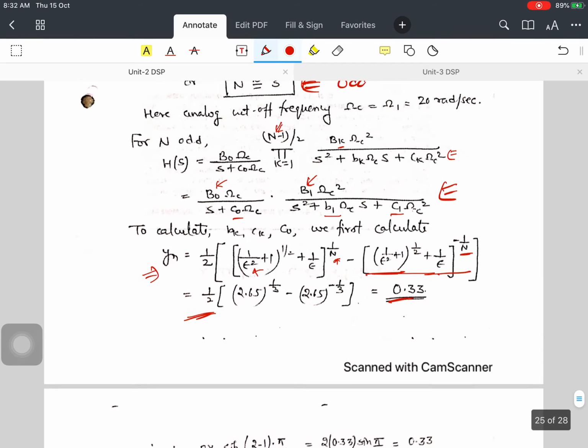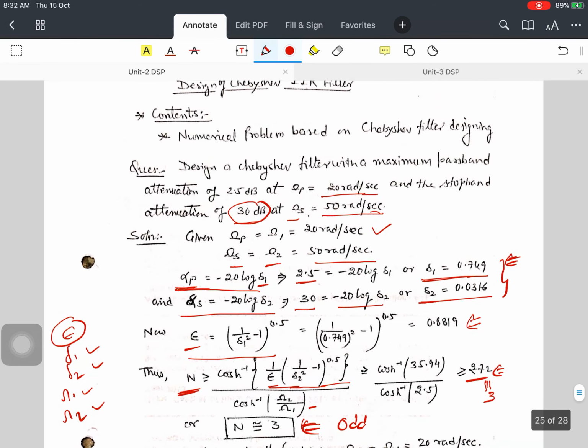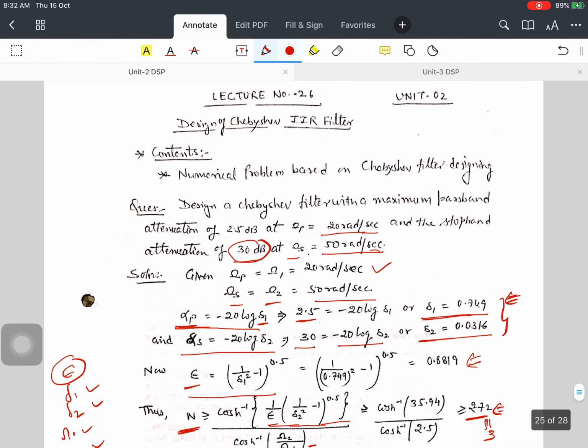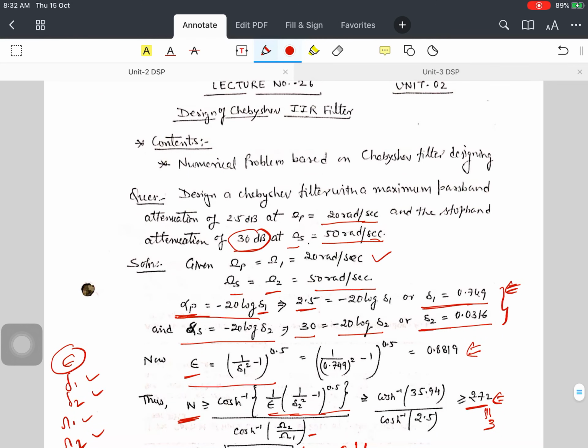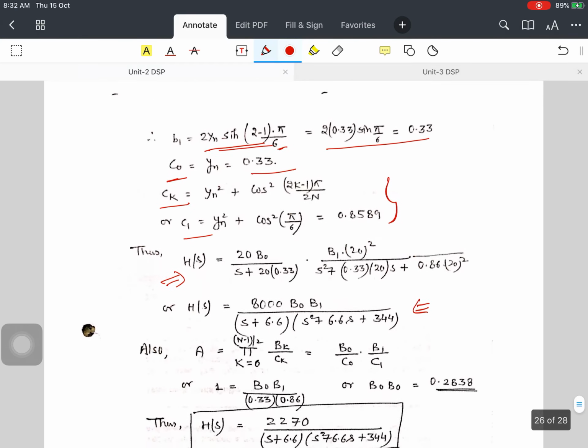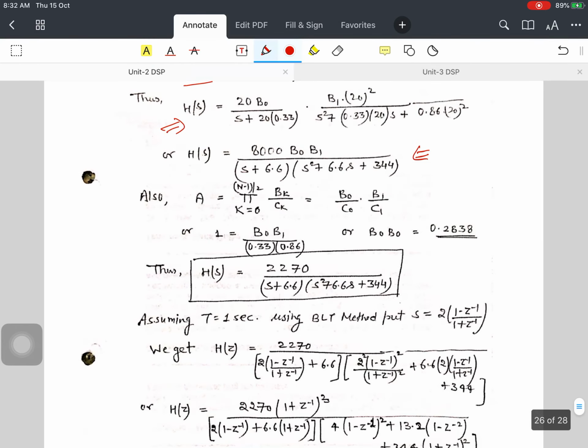Now in the question you can say, design a Chebyshev filter of a maximum passband attenuation. After calculating this H(s), we apply the bilinear transform method.